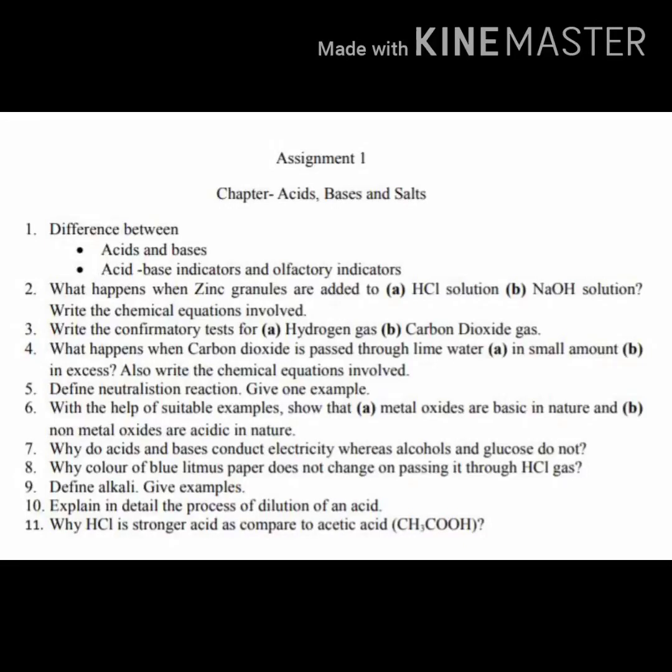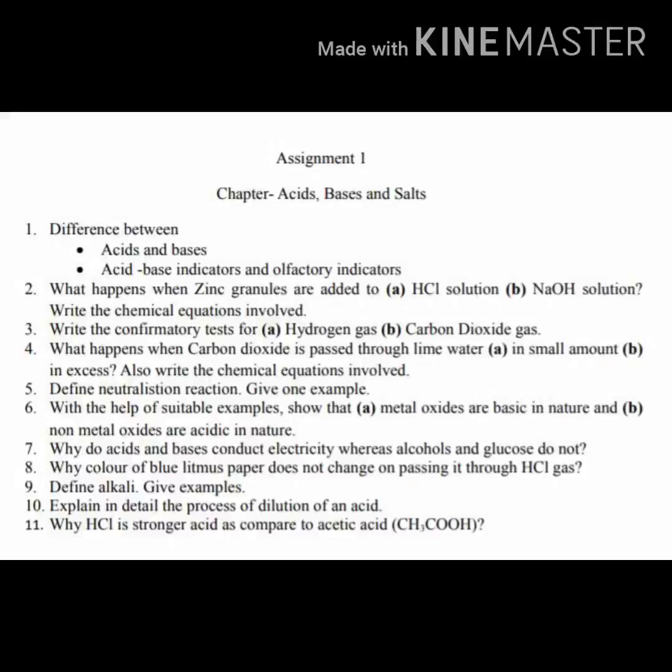Next question is, you have to explain in detail how the dilution can be carried out. Students, listen carefully. The dilution of concentrated acid is a highly exothermic reaction. The heat produced is so large that the solution may splash out, or the glass beaker in which the dilution is carried out may break due to excessive heating.